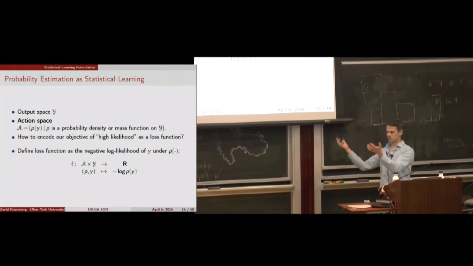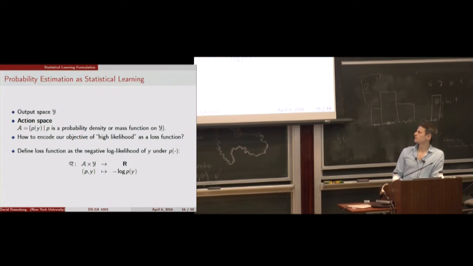What actually happens in the world is something from the output space y, which could be like a number of counts or something. So we need a loss function that takes a distribution and evaluates how good that distribution is for the observed output y, which would be like a count. So one possibility is the negative log likelihood given to that observation under the p that we predict.